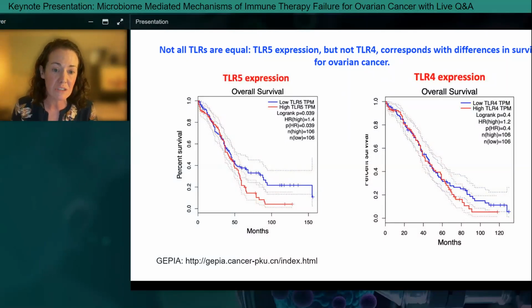And you can see in this graph on the left that having low TLR5 expression within ovarian tumors corresponds to a significant survival outcome, especially with the long-term survivors. However, there is no survival benefit for toll-like receptor 4, indicating that not all TLRs are equal, and that TLR5 expression may have a unique and negative effect on ovarian tumor progression, unlike other TLRs.